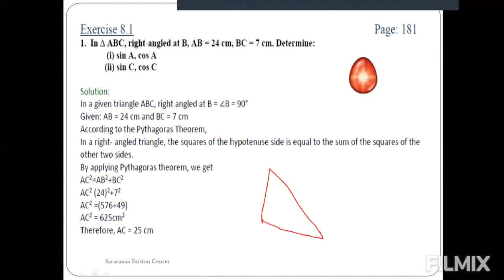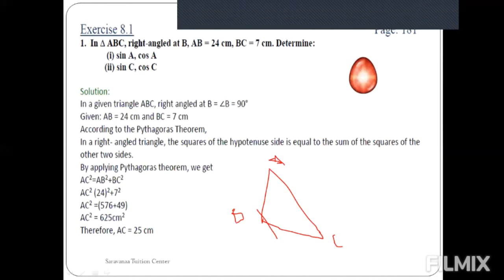Okay. And this is right angled at where? At B. So let this be A, B, and this be C. Okay. AB equals 24 centimeter. This is 24.